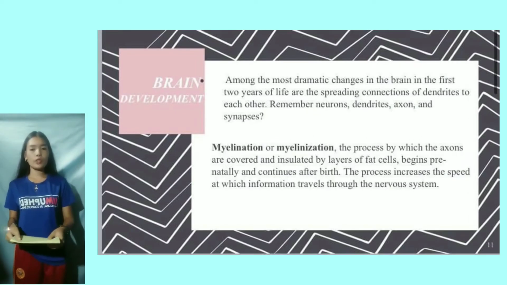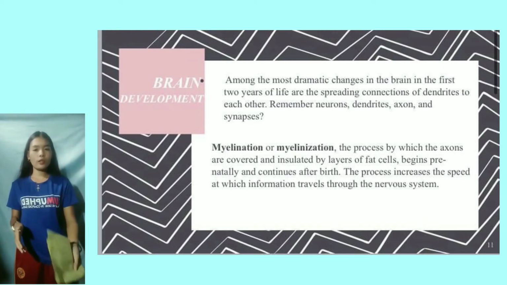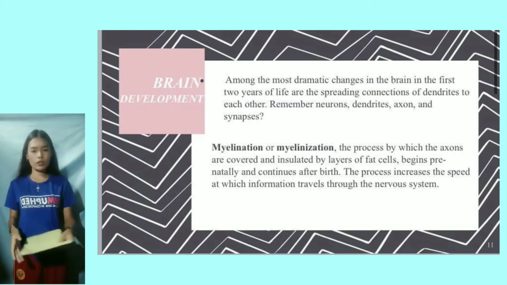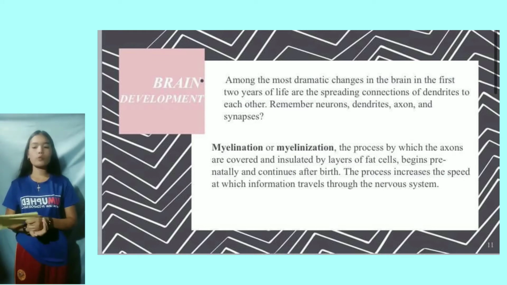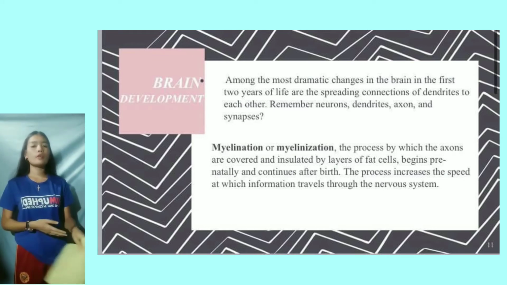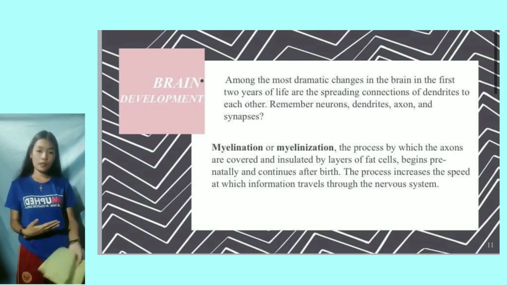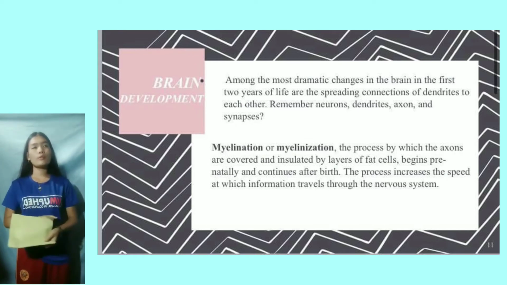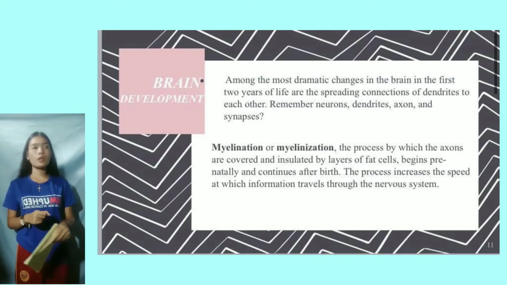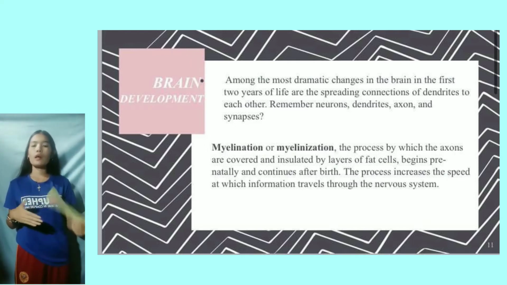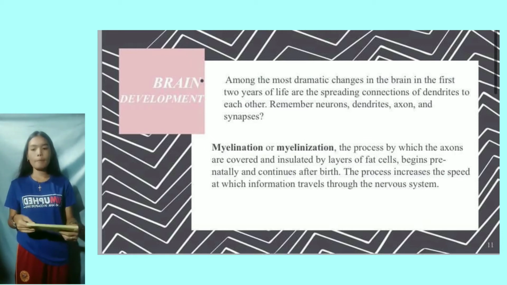Now, myelination or myelinization. What do we mean by myelination? Myelination is the process by which the axons are covered and insulated with fat cells. Myelination of the nervous system proceeds gradually during the first year and beyond, in a head-downward sequence.